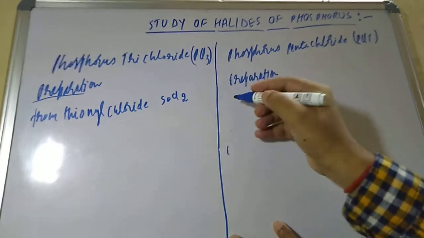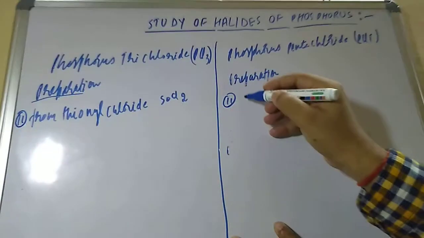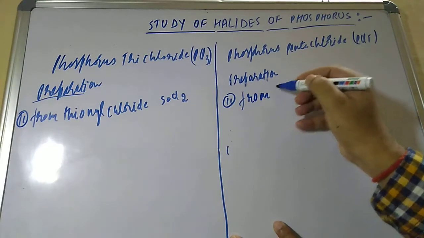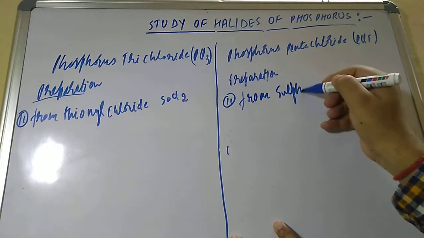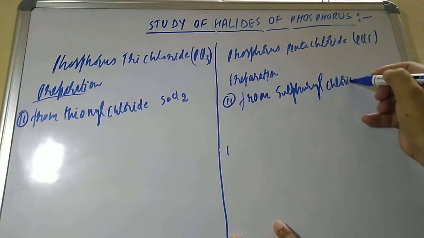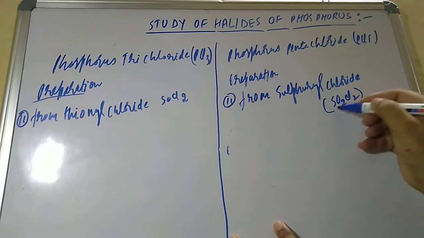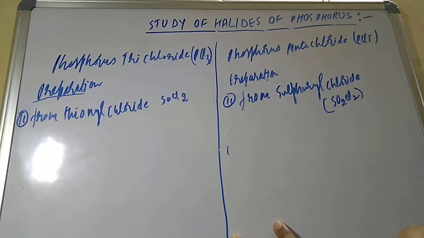SOCl2. And this is the second method, from sulfuryl chloride. Now what is sulfuryl chloride? SO2Cl2. This is sulfuryl chloride.